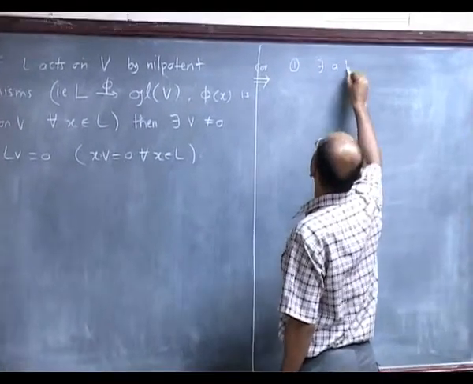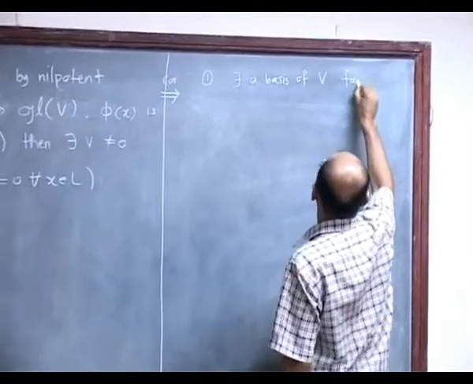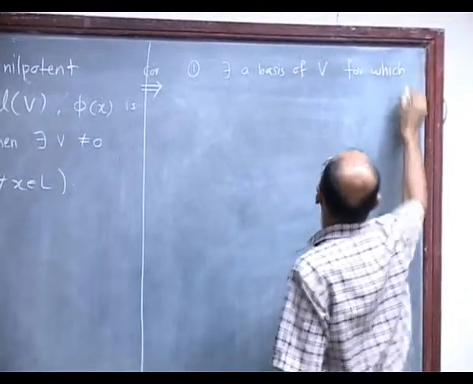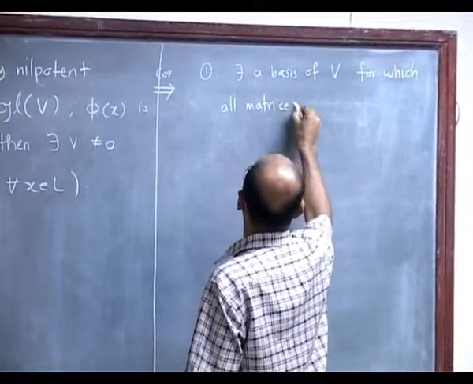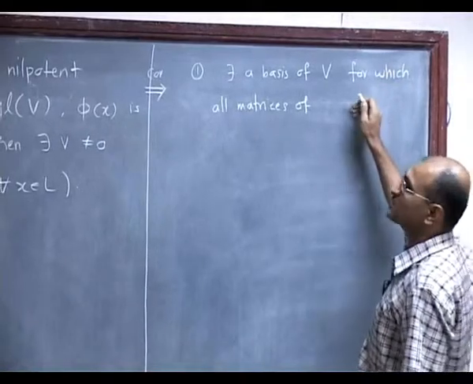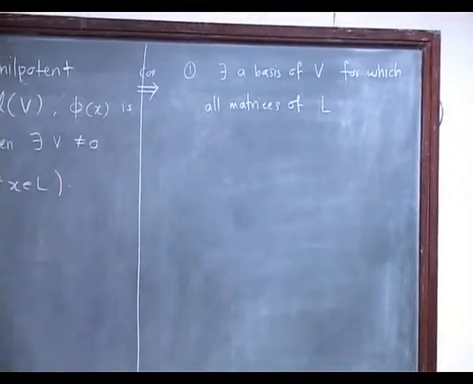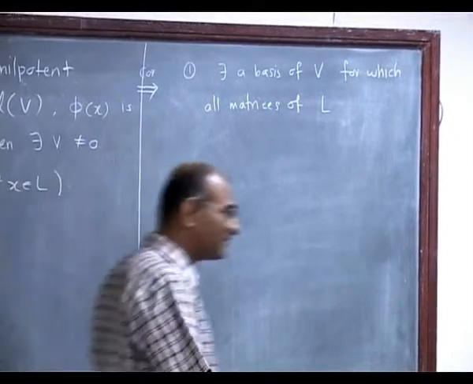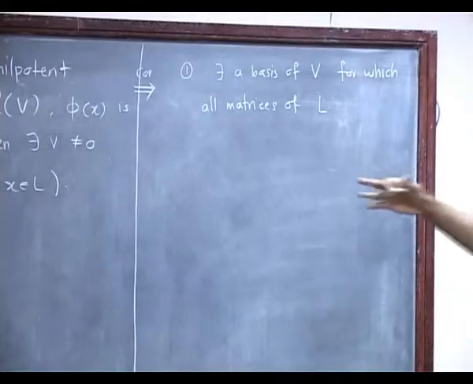One is there exists a basis of V relative to which all matrices of L are strictly upper triangular. I made a little misleading statement here, because I don't really have L the way I have stated this.